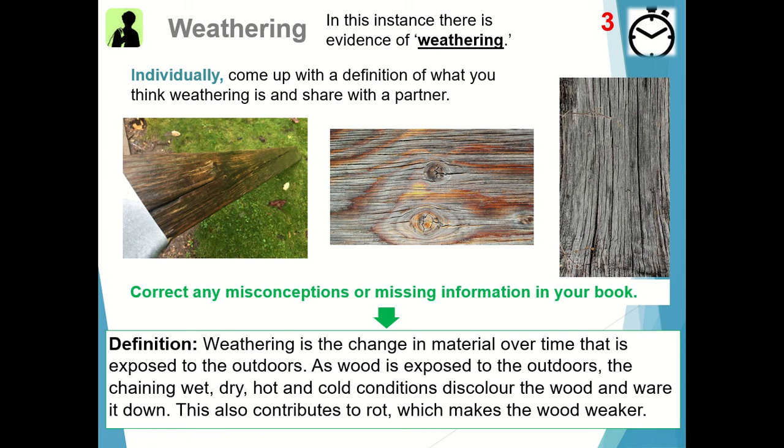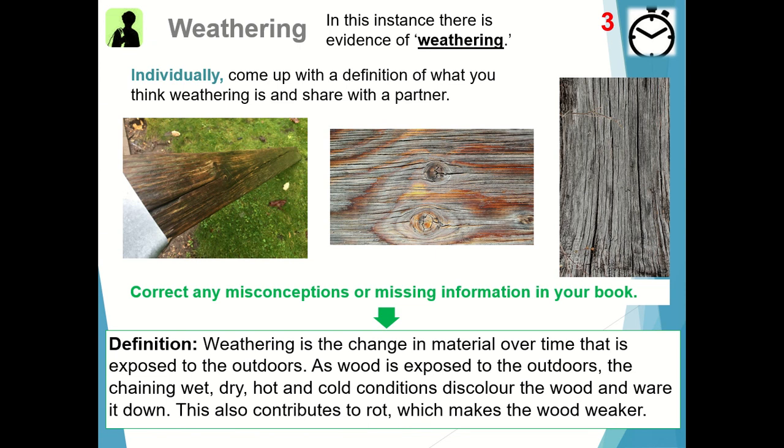As wood is exposed to the outdoors, the changing wet, dry, hot and cold conditions discolour the wood and wear it down. It also contributes to rot, which makes the wood weaker. So mainly weathering is about the action of the weather on the appearance of wood. So the hot, the cold, the damp, the dry, over time it changes the appearance of wood and also contributes to rot. So that's weathering.